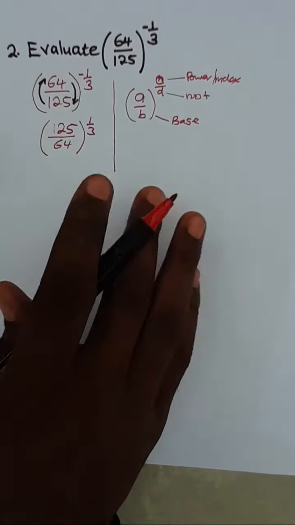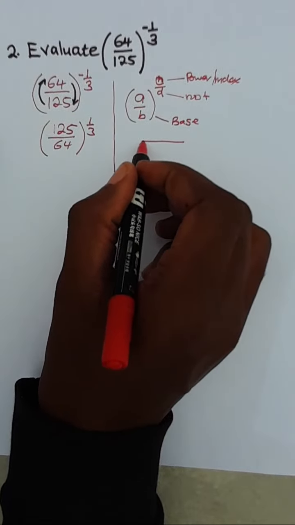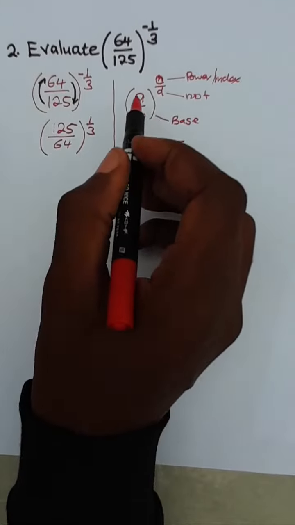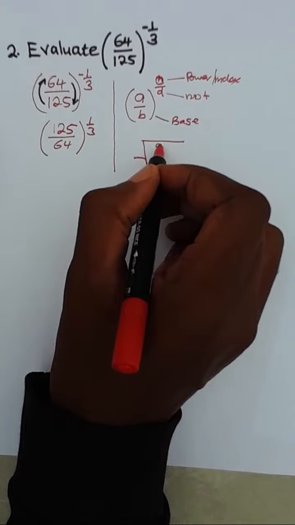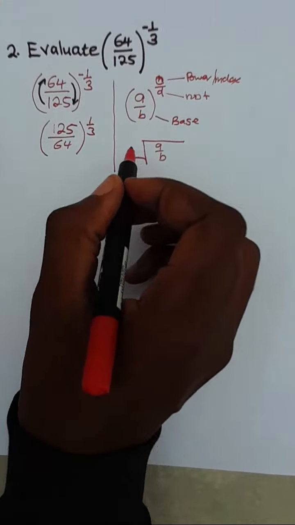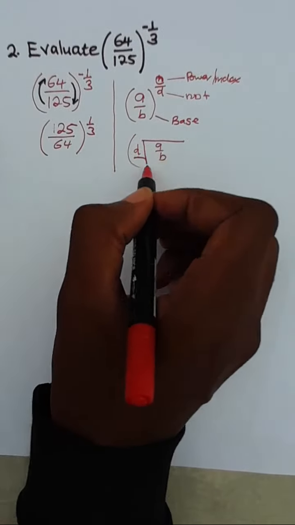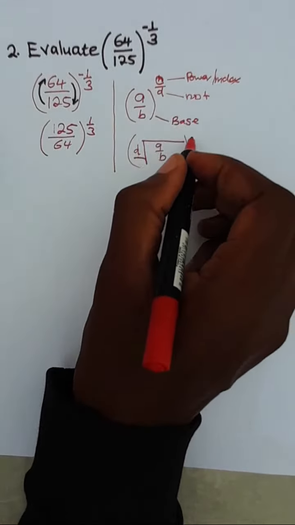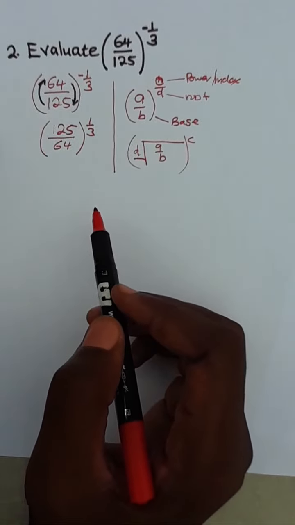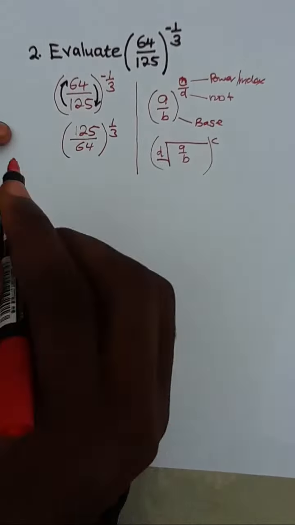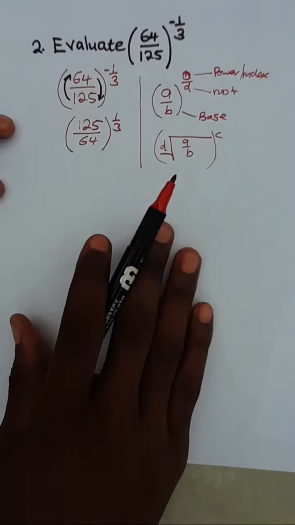Then this whole thing can be written as, inside here, you bring in the base, so a over b. Then here you bring in your d, and then everything being raised to the power c. So this and this are just the same. Now we are going to rewrite this in this form.